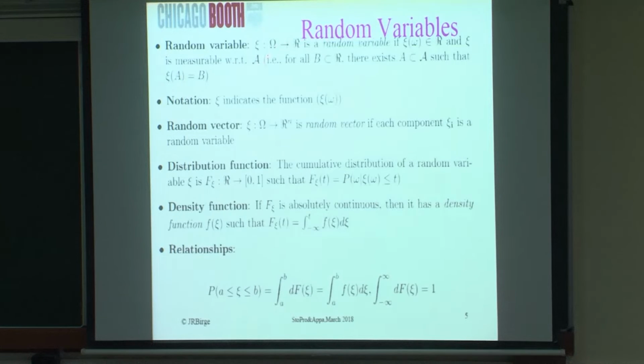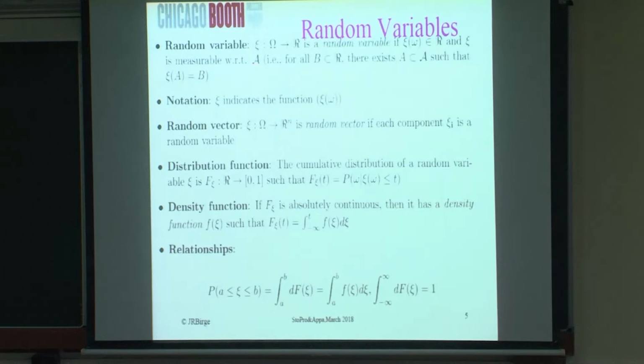So if I want the probability of some subset of, let's say, the real numbers, what I look at is, what's the set of outcomes that map into that subset?